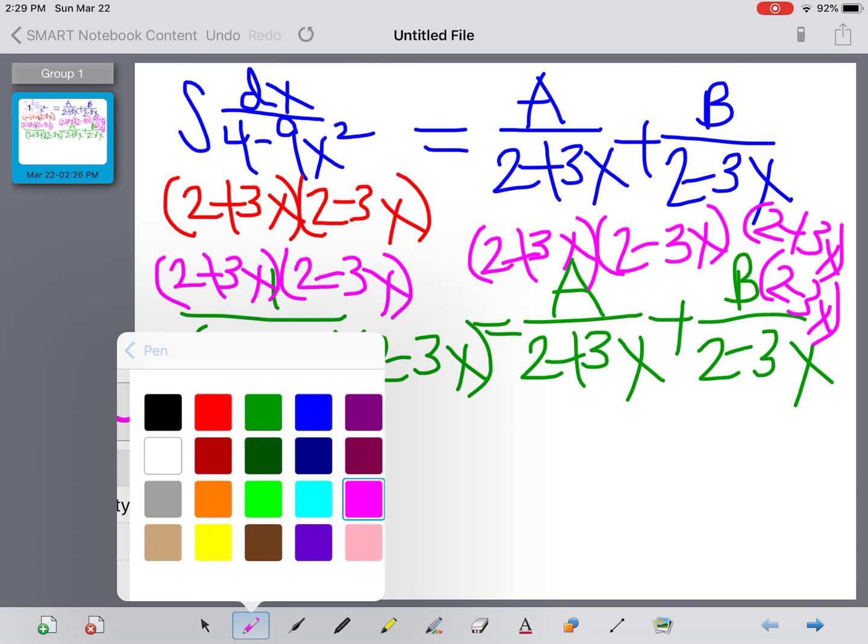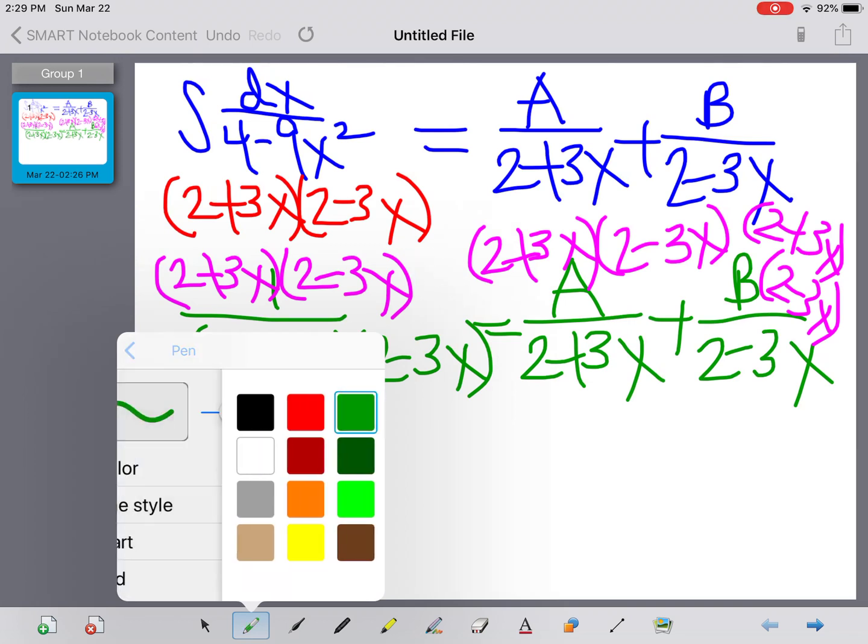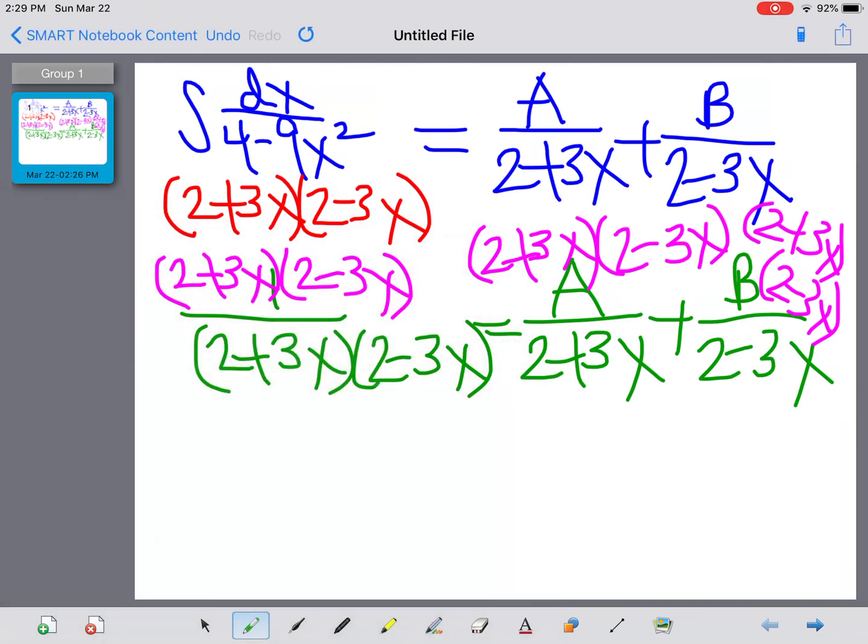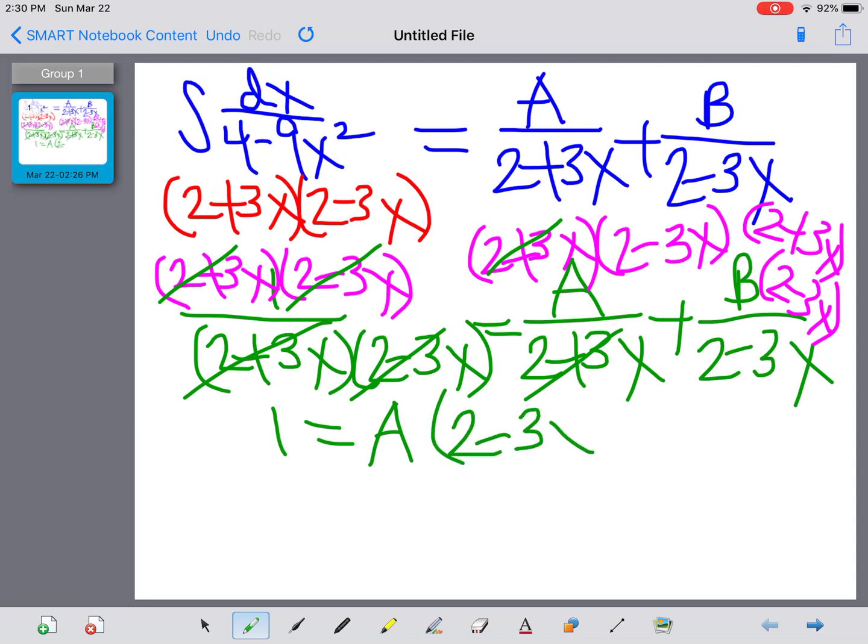So the first fraction, everything cancels, leaving us with just 1. Second fraction, the 2 plus 3x's cancel, leaving us with A times 2 minus 3x.